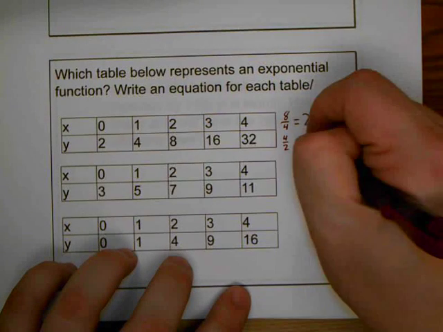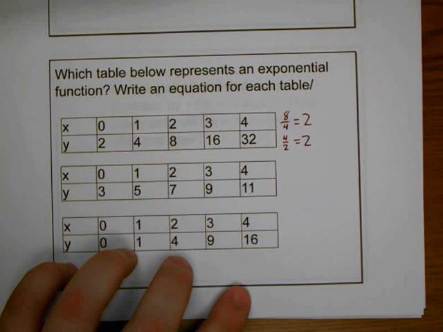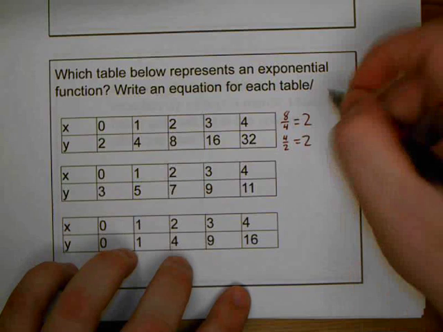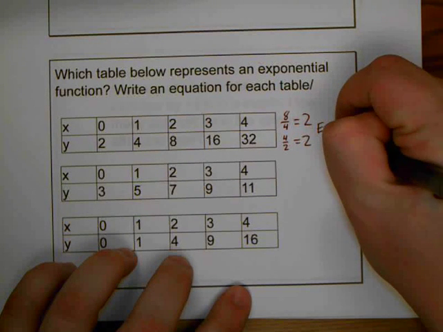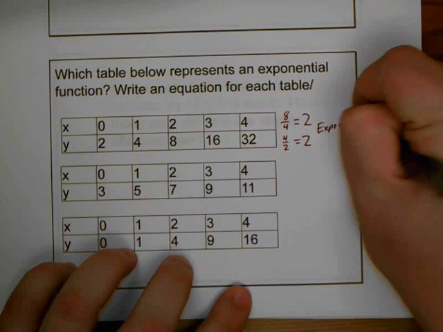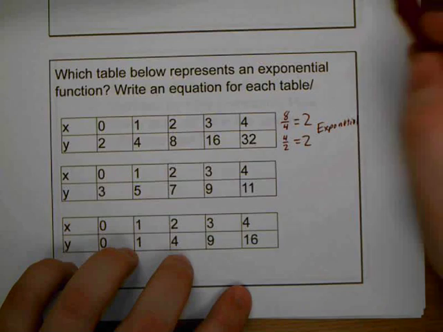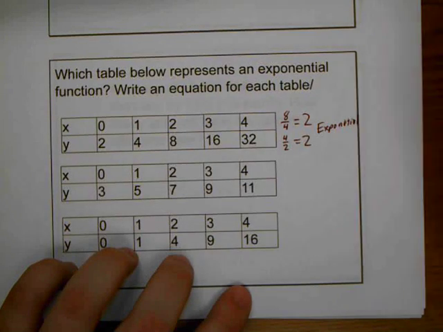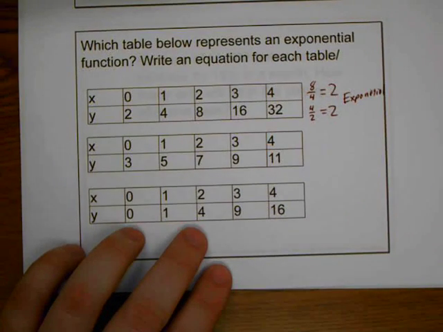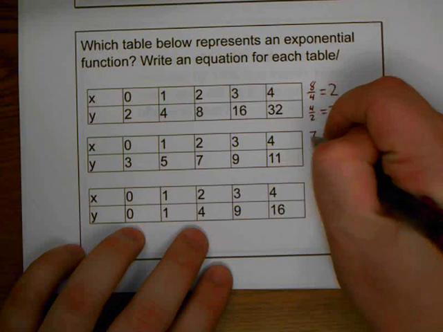So 8 divided by 4 is going to be 2. 4 divided by 2 is also going to be 2. Alright, so we can already see that this is going to be exponential. We can't have a function that is both exponential and linear. So once we have one test that passes, we don't need to test for the other. Let's go down and test the next one.